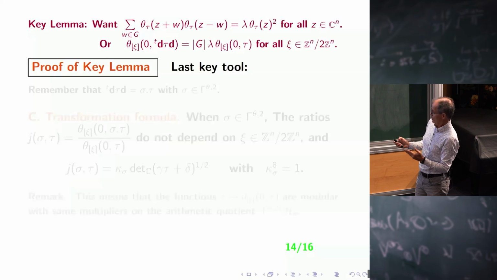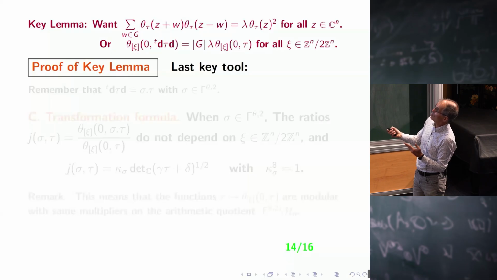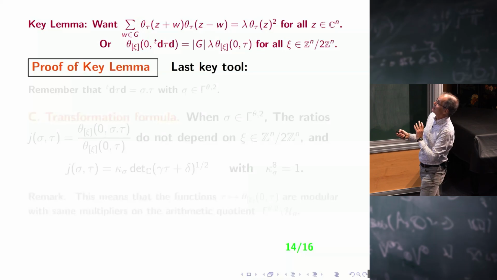Now, what I want to check is that theta xi of 0 at transpose d tau d is just proportional to theta xi of tau, with a coefficient which does not depend on xi, because there is a sum over xi, so you want to have this for each of them.